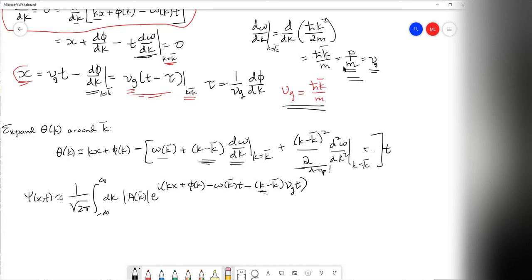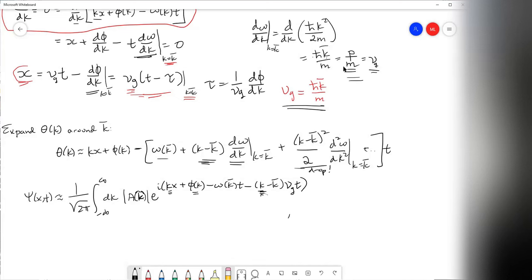And now this integral is a little bit more manageable because now there's just a k here and a k there. And what else? Well, there's this phase, phi of k. That's okay. Actually, we can keep this k too.